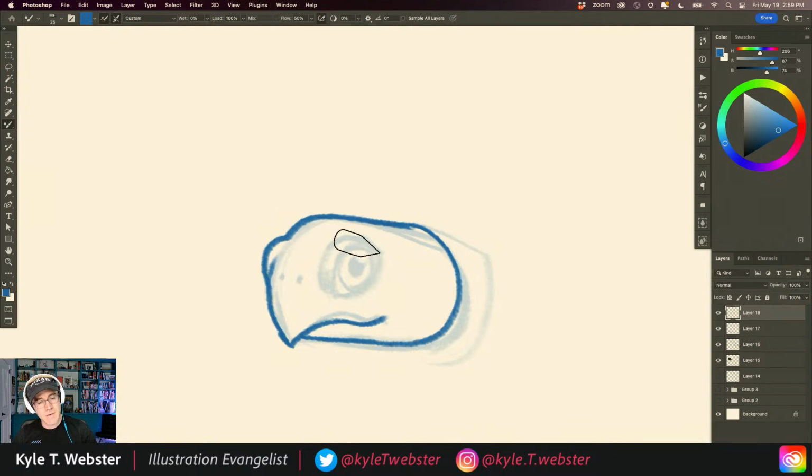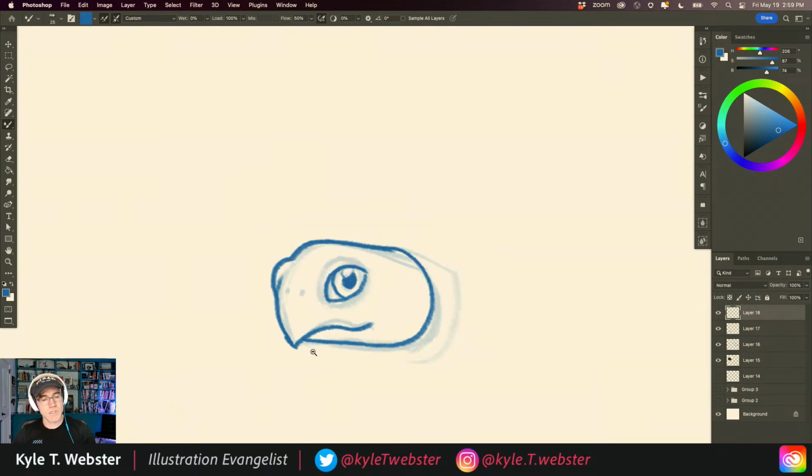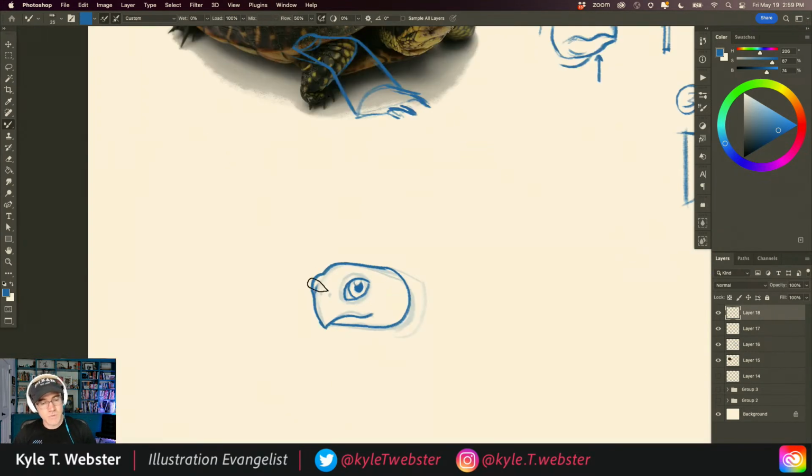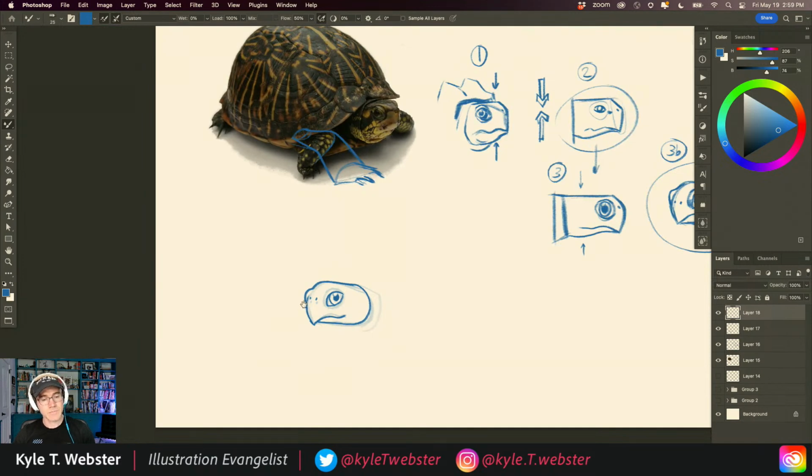And then for the eye, we're just going to go 1, 2, and have this be this giant shape here. We're not going to show the rest of the iris on the inside edge. We go really simple there. We move the nostrils up just a hair, so that's more turtle-like.